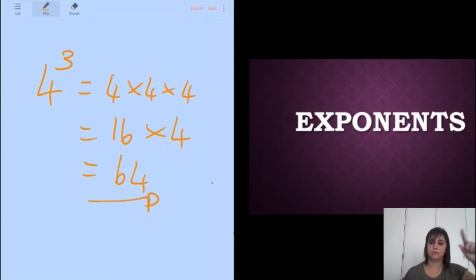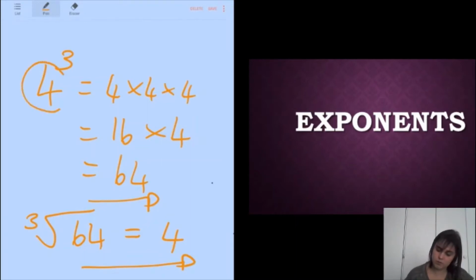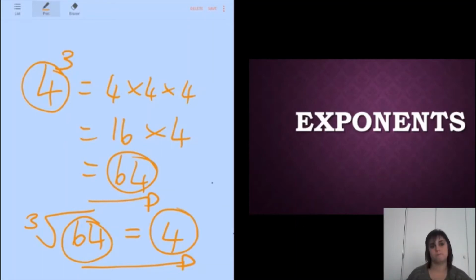So now let's take it back. The cube root of 64, inverse operation, so the answer will be 4. There's my 4, there's my 64. There's my 64, there's my 4. Inverse operations.